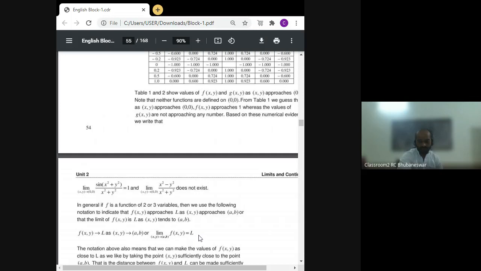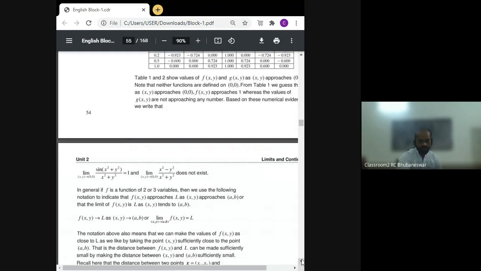According to the formal notation, we can represent that limit, that is lim, and look at the bottom of that word limit. You write here (x, y) arrow (a, b). That means when the point (x, y) approaches the point (a, b), then the function will attain a real value, that is L. So in this way, a double limit, or you can say a function with two variables, can be represented in the form of a limit.